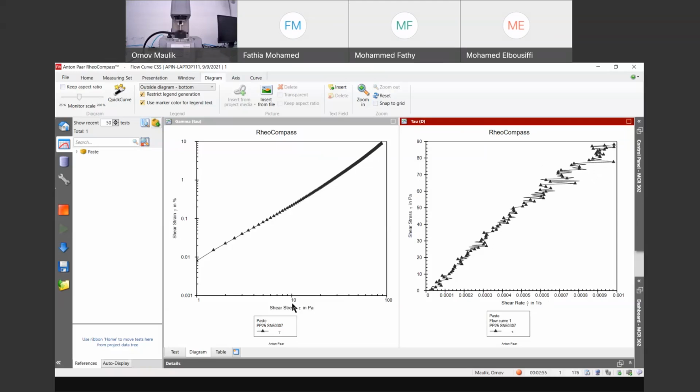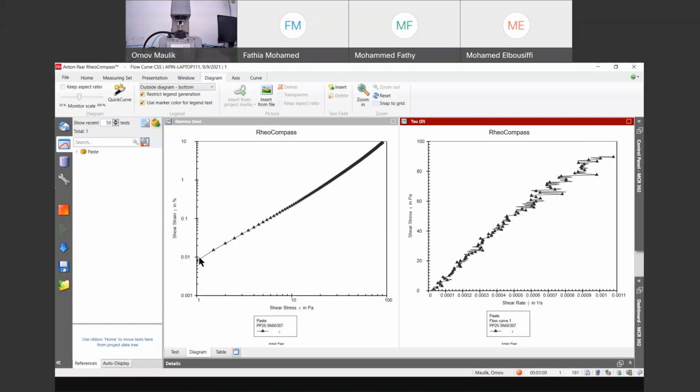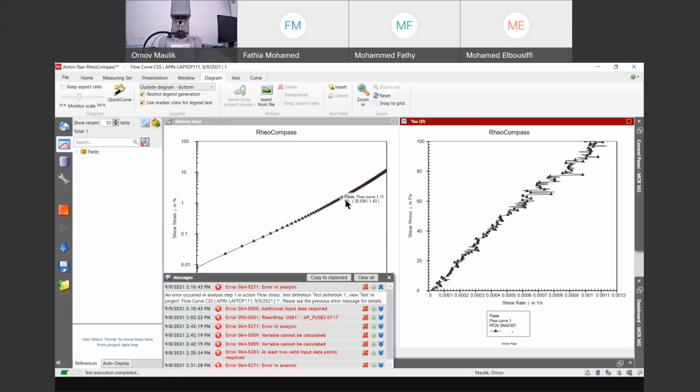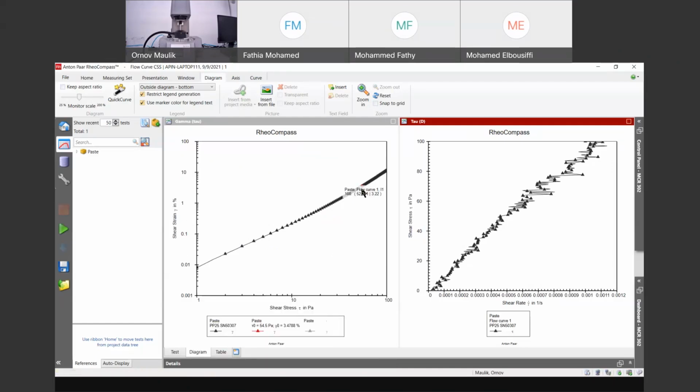So you can see that initially this line was linear, and up to say 10 Pascal, it is showing a linear behavior. After 10 Pascal also it is showing somewhat a linear behavior. So you can see over here, it is showing you the yield point.